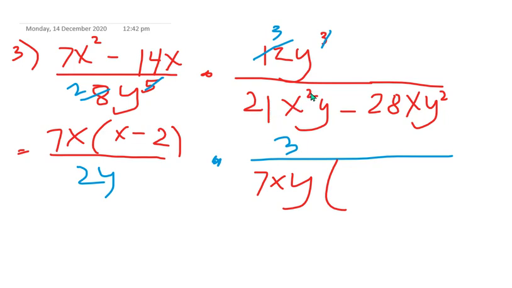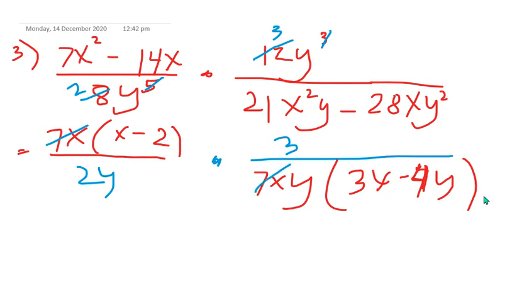Then 21x squared y divided by 7xy is equal to 3x, minus 28xy squared divided by 7xy is equal to 4y. Okay? Then we're going now to cancel 7x divided by 7x.